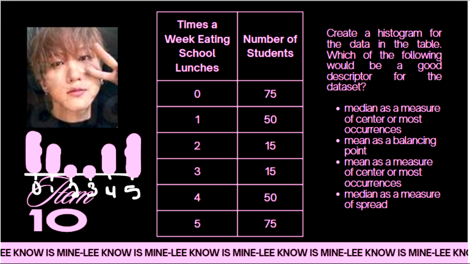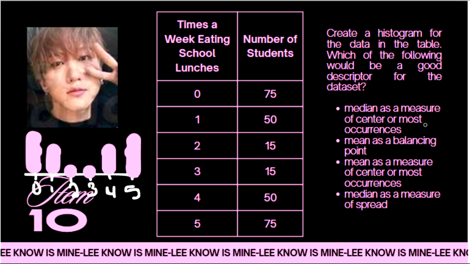Okay, so let's go and read these. Median as a measure of center or most occurrences, which would be a good descriptor for the set. Median is a good, it's not a measure of center, but, well, yeah, it is. But this most occurrences happens here and here, okay?